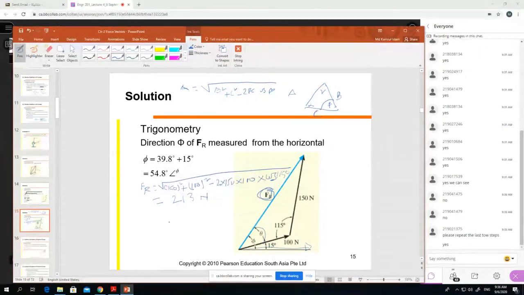Then we need to find the angle. We know the sine rule: sine of the angle over 150 equals sine 115 over FR, 213, and this side is 100, this is 150.